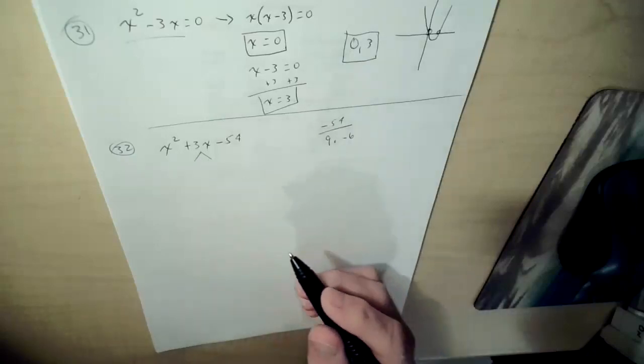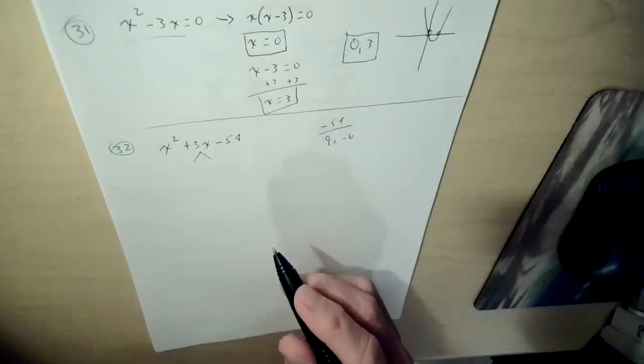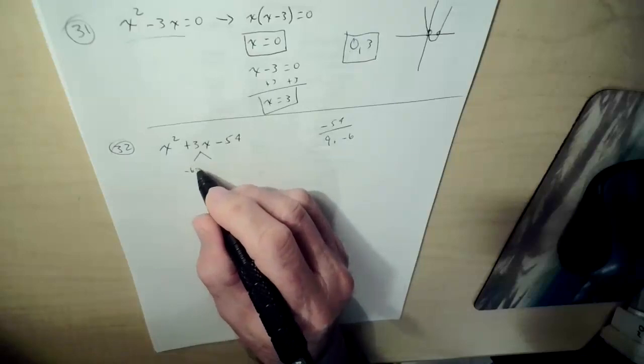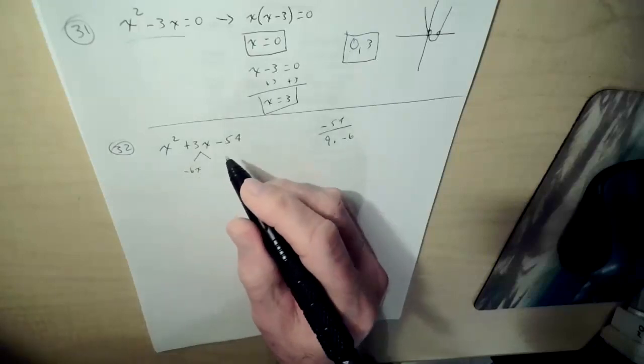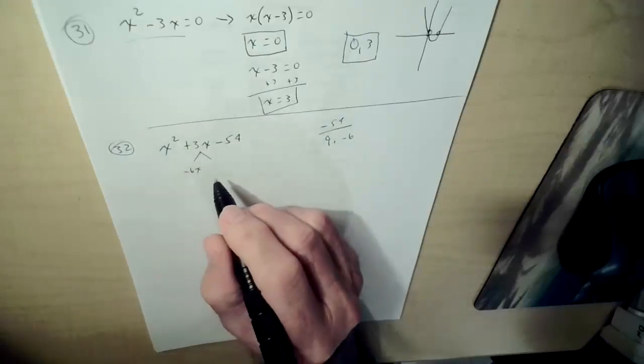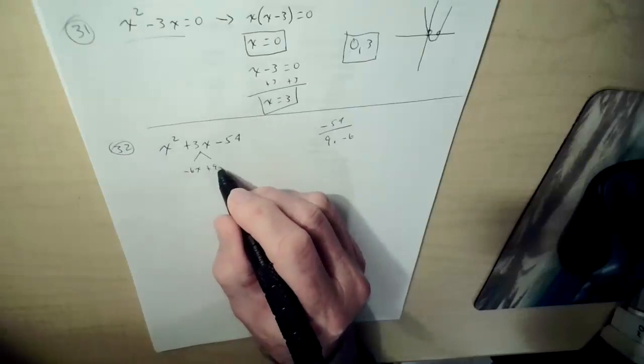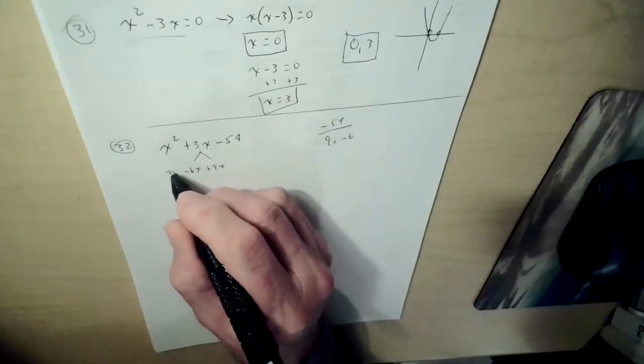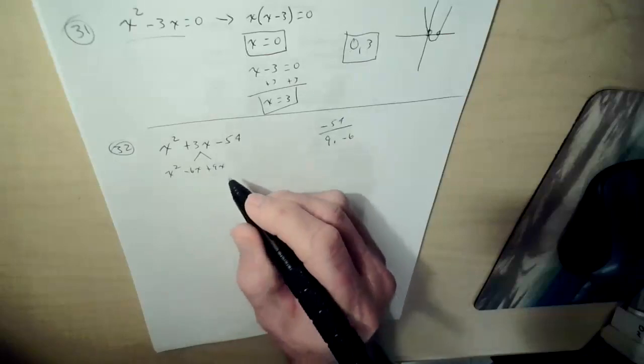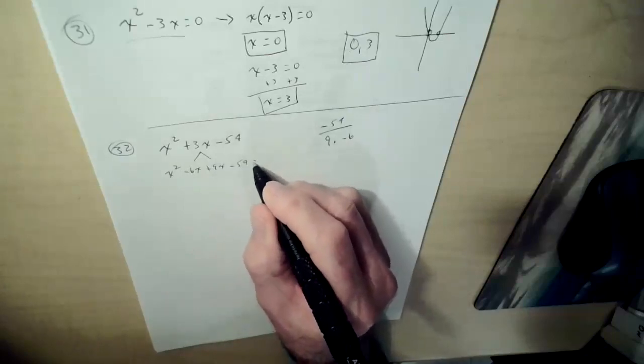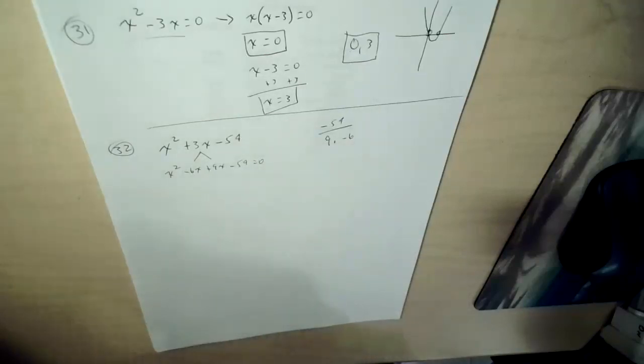Okay. So we can split these up into negative 6x and 9x.